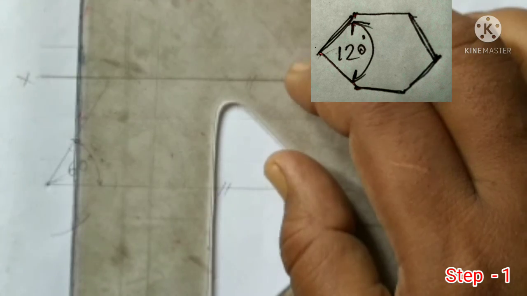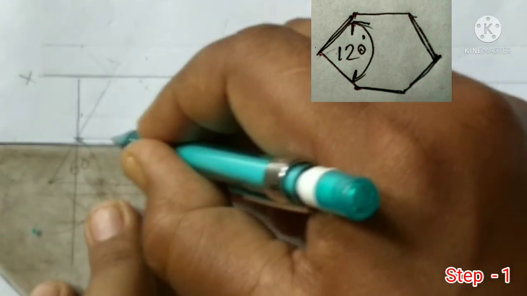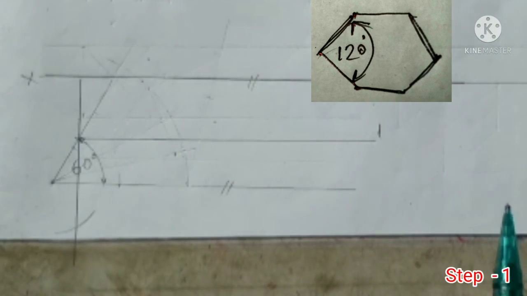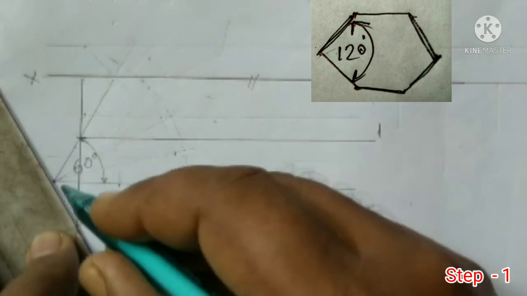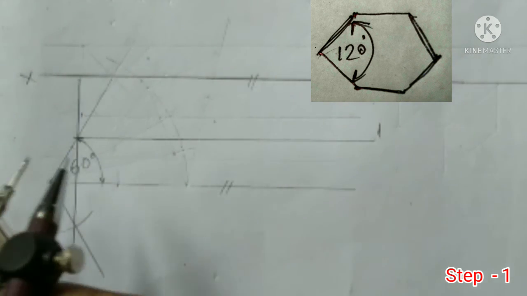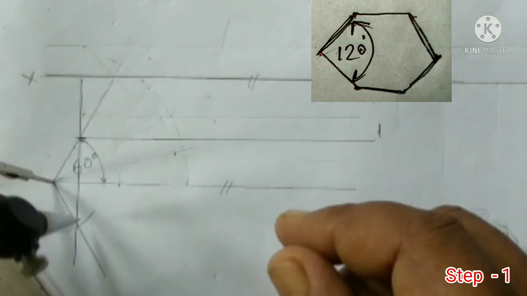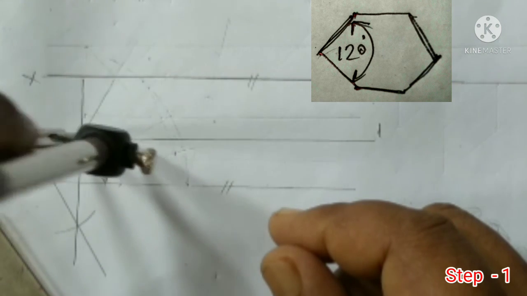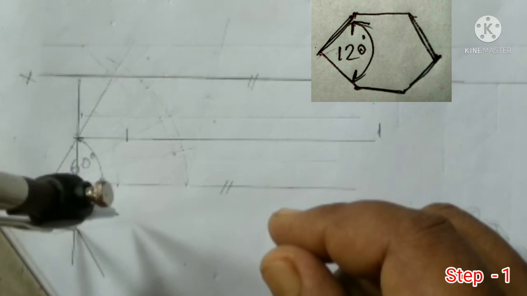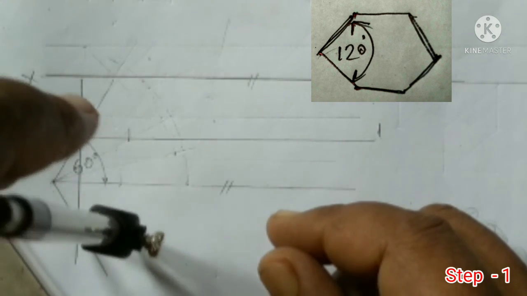And then draw the parallel projection line, using the same point. Take the same length, draw an arc on this perpendicular projection line and then join this. Take the same length, cut on the parallel projection line. Again draw a parallel projection line.